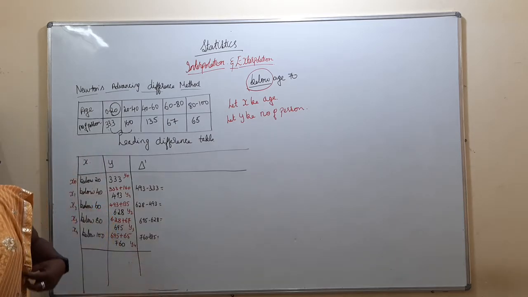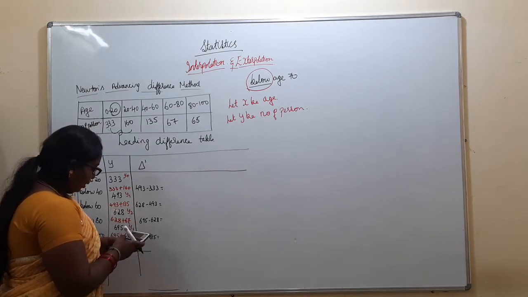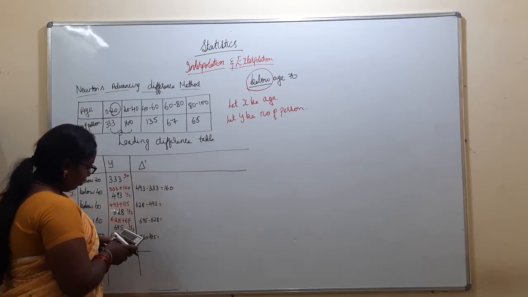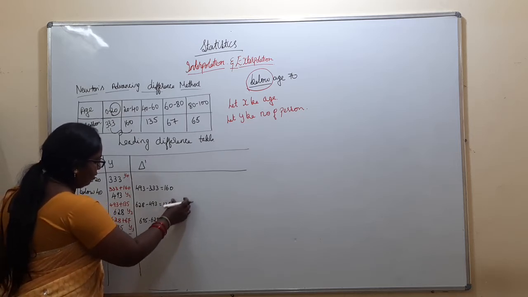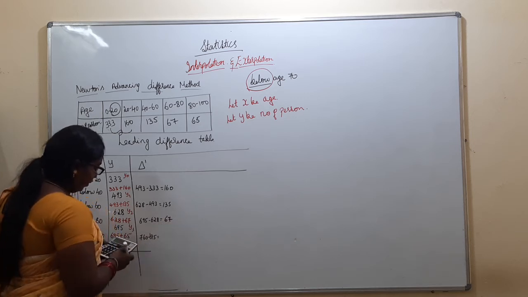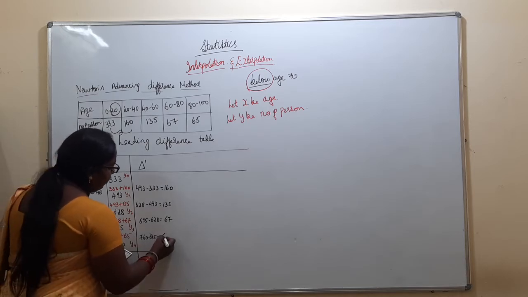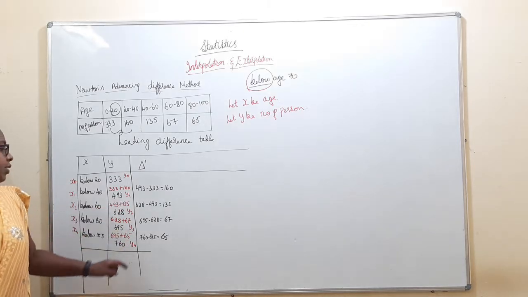Here I will get 160, 135, 67, 65. See here all are positive values.